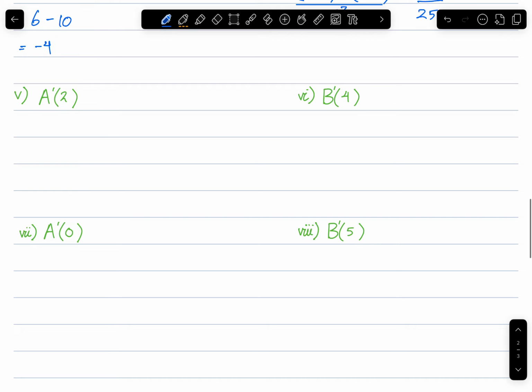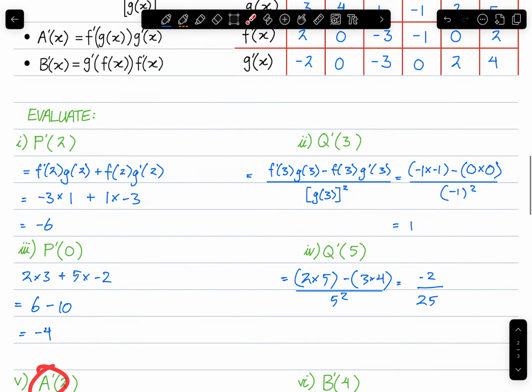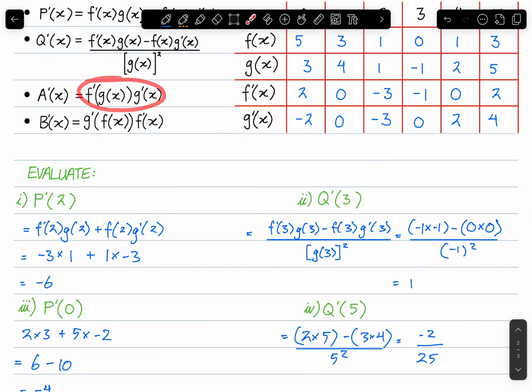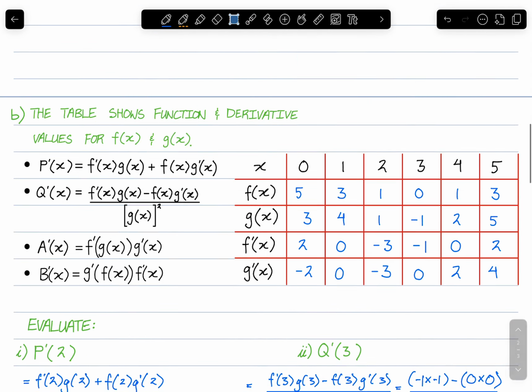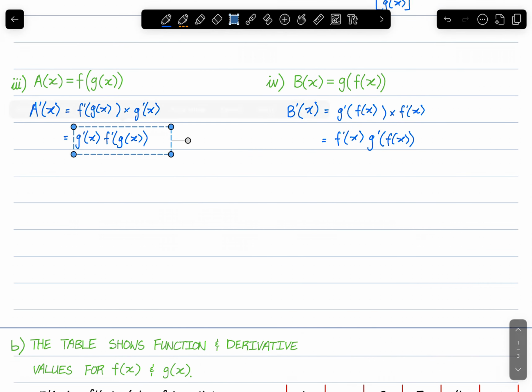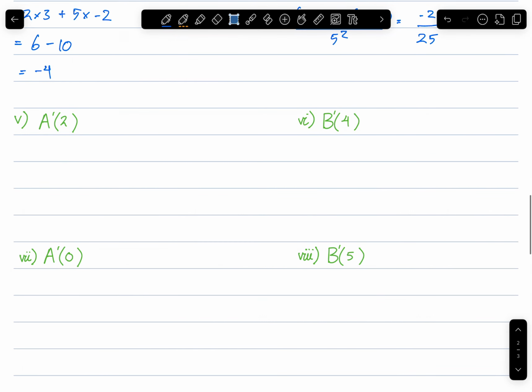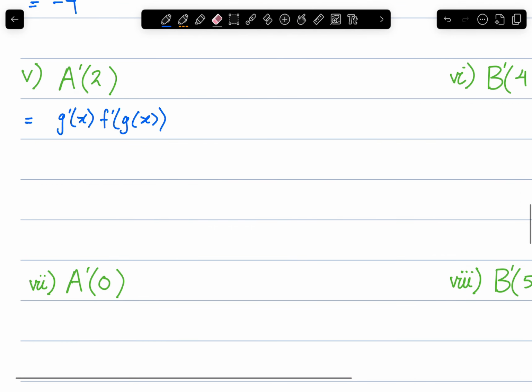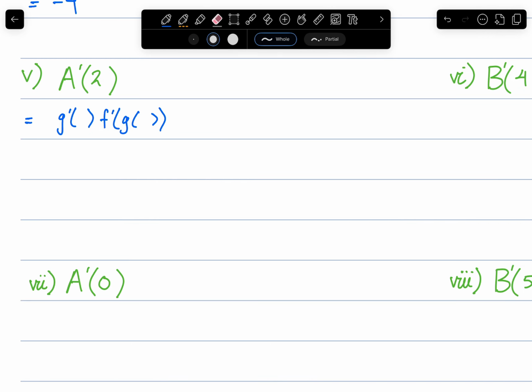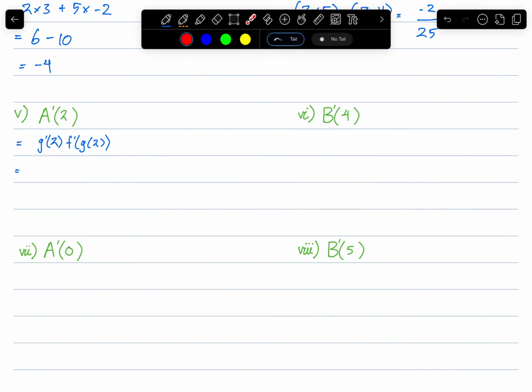Let's keep going. A prime of 2. This one we haven't seen the a prime yet, but it's really just following this expression here. So just copy paste from the previous page here. A prime of 2 just means wherever there's an x, we replace with 2. There's a little bit of an interesting procedure with how this works, if we can recall how to operate this. So here we go.